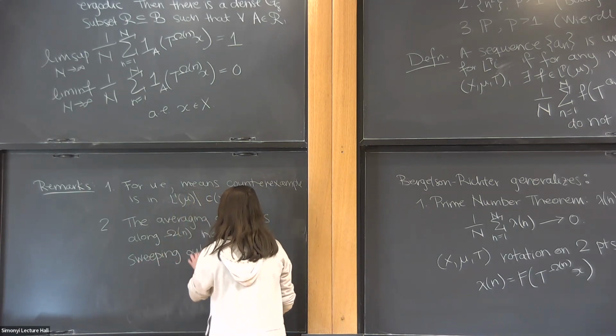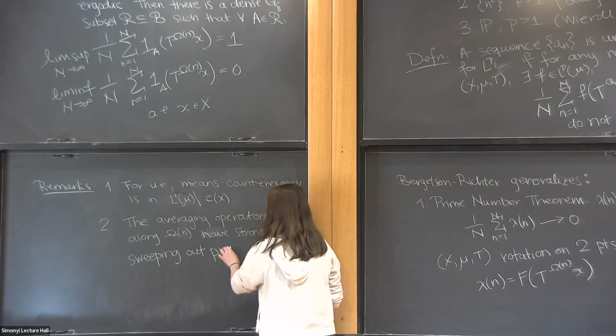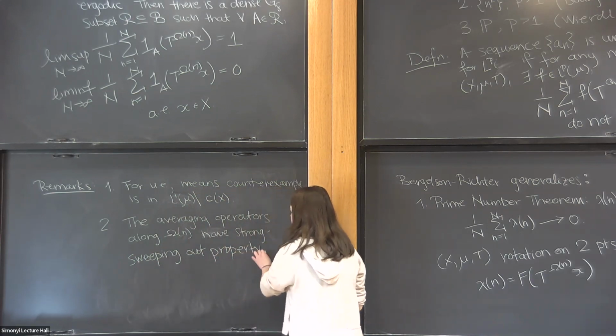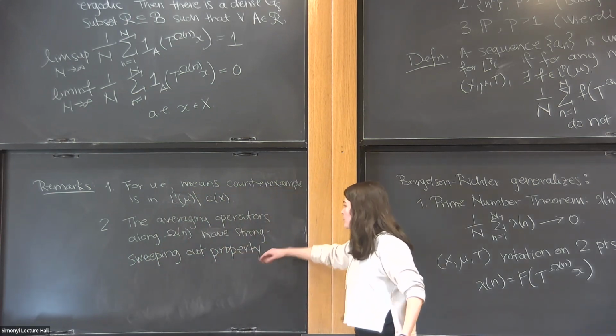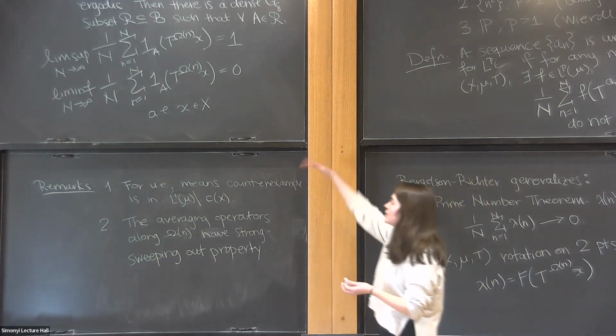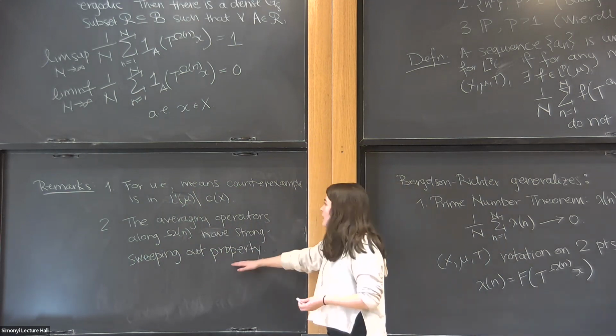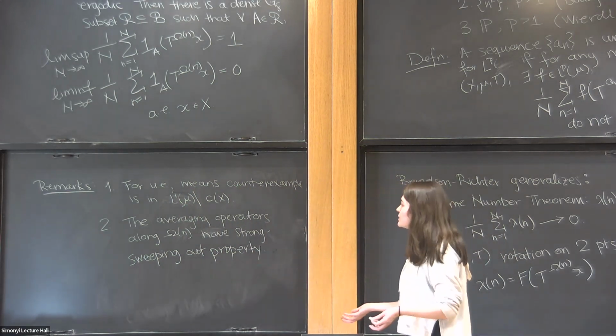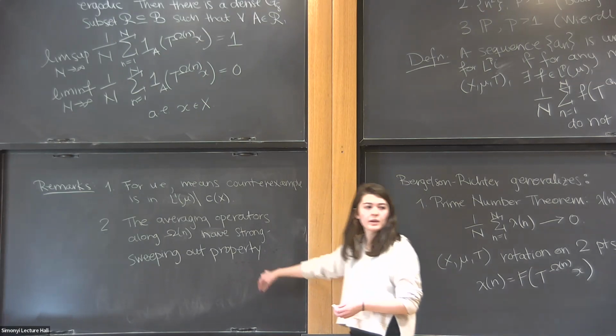So if you don't know this term, it's maybe okay if you forget it, but I did want to point out that this is a property that's been studied, coming from functional analysis, but recently has worked its way into ergodic theory in situations like this. And so this is giving another example of a sequence that has the strong sweeping out property.